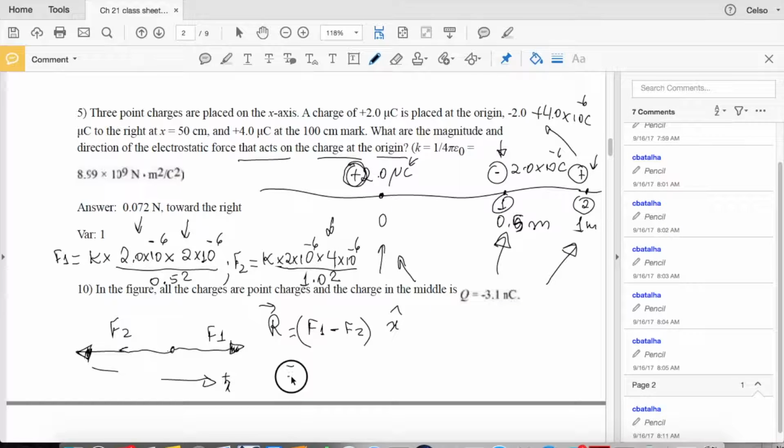Then what you do next is take this number, plug it here, take this number, plug it in there, and then solve the problem. If you find a negative number, it means F2 is stronger than F1, and the particle at the origin is supposed to go to the left. Otherwise, it's going to go to the right.